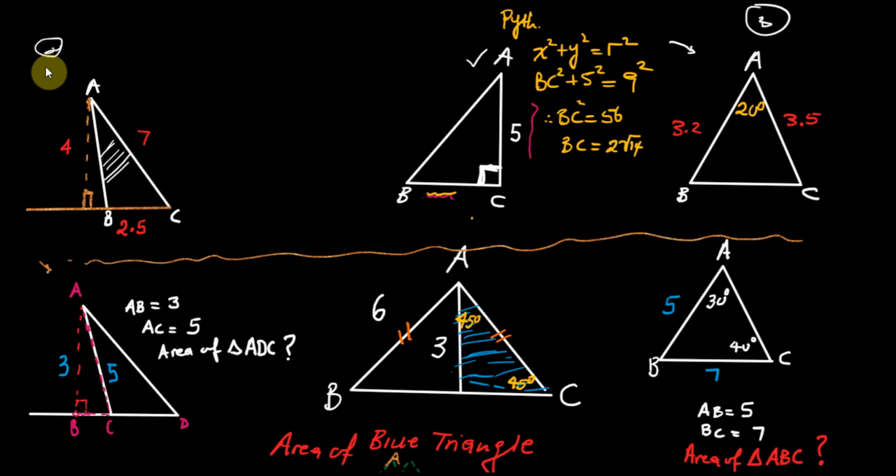Say we have a slant triangle, and now it's ABC. If you want to find the area of triangle ABC, you use half base times height.